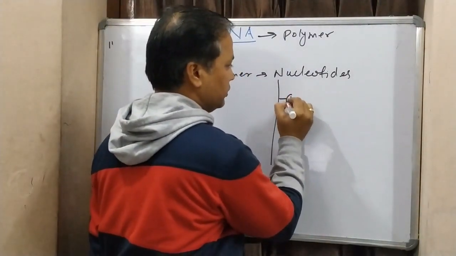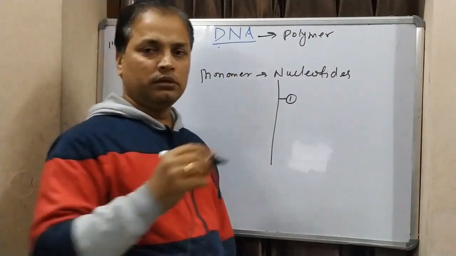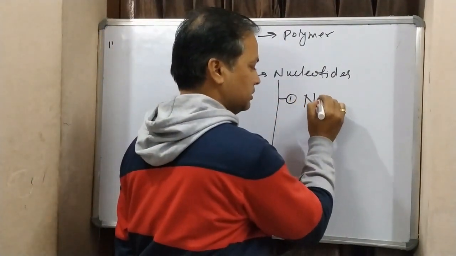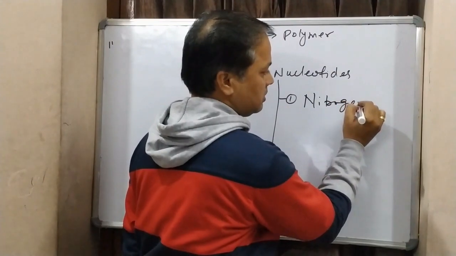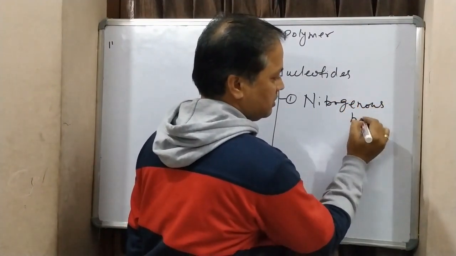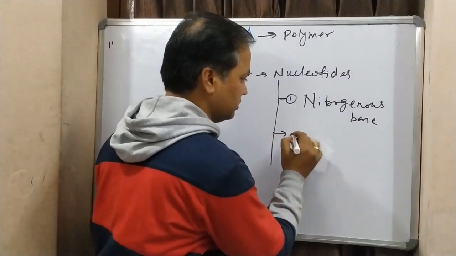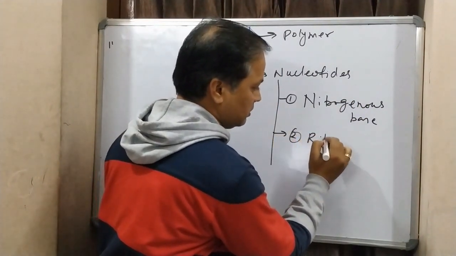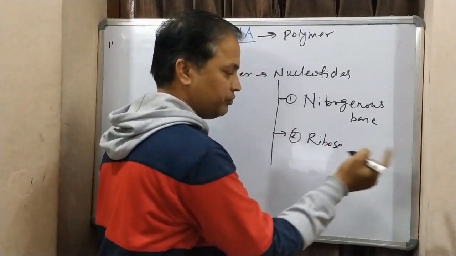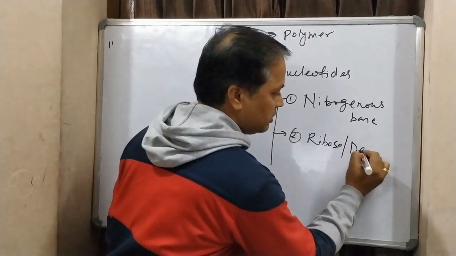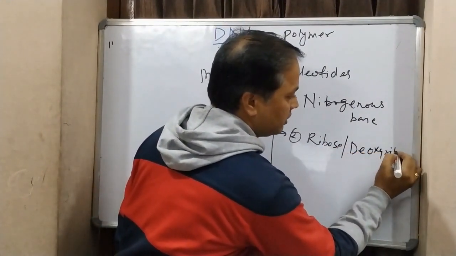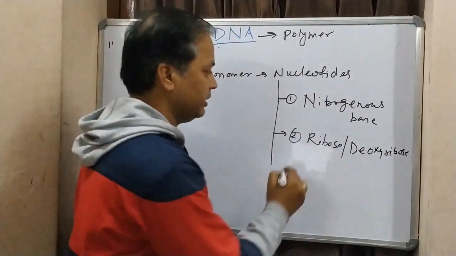The first component is the nitrogenous base. The second component is the sugar: ribose in case of RNA and deoxyribose in case of DNA.